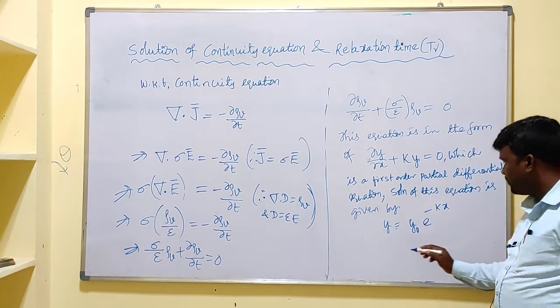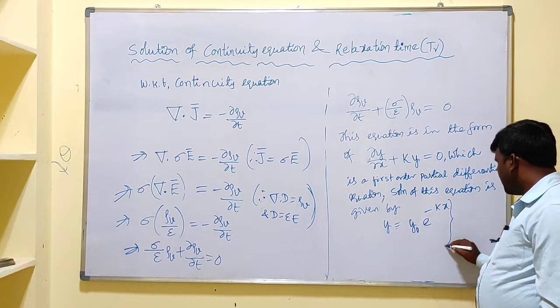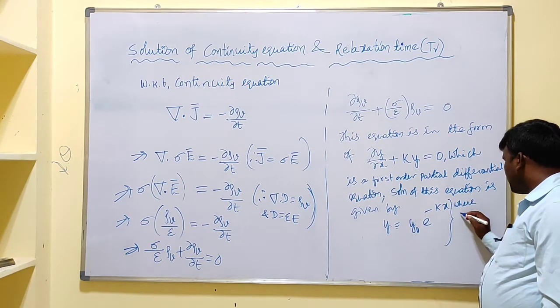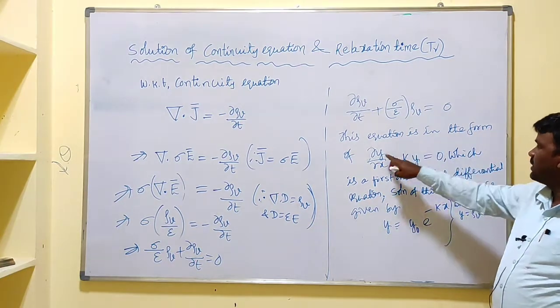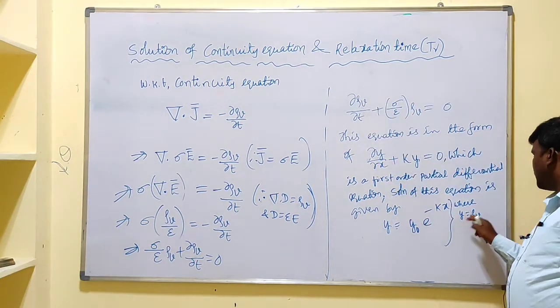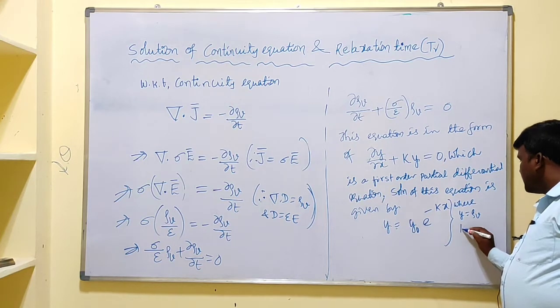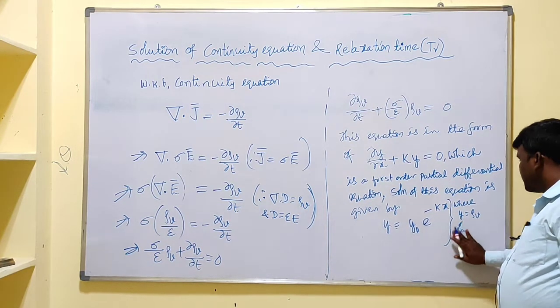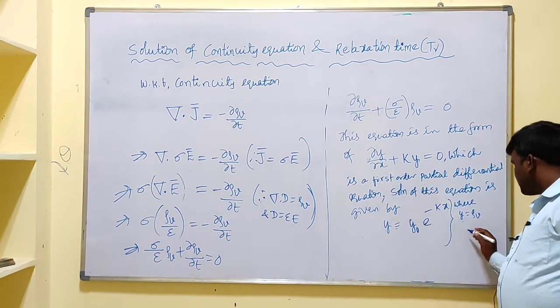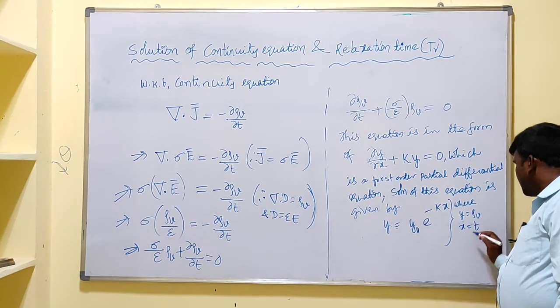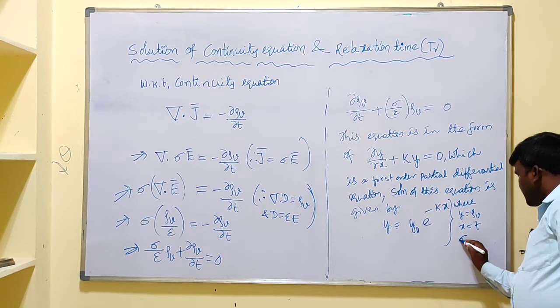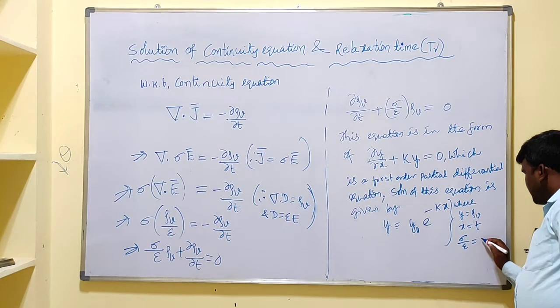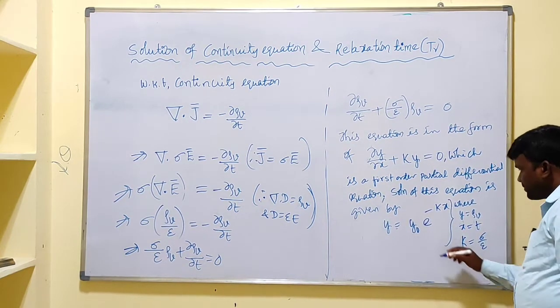Comparing, y is rho v, x equals t, and k equals sigma by epsilon. Now substitute in this one.